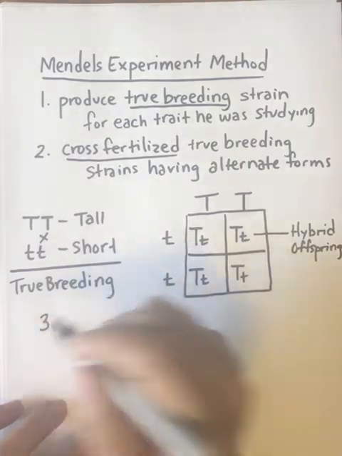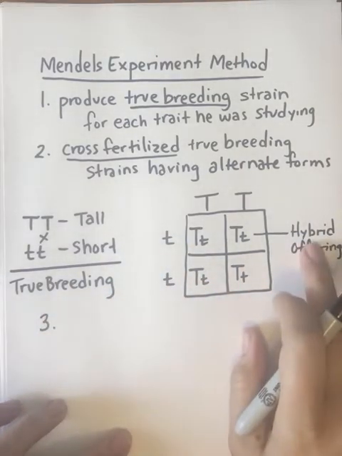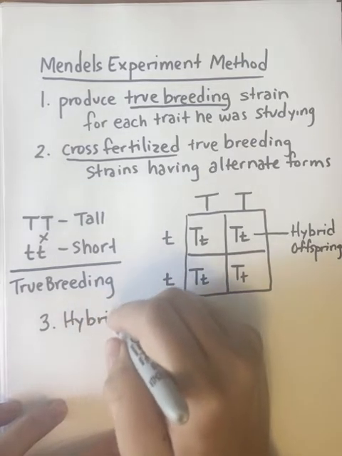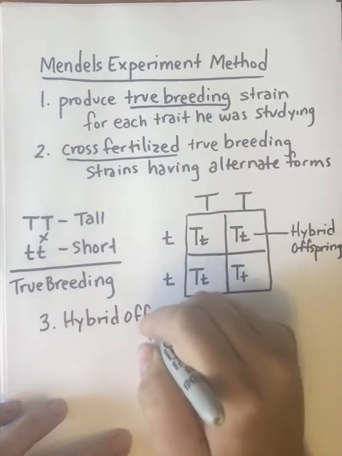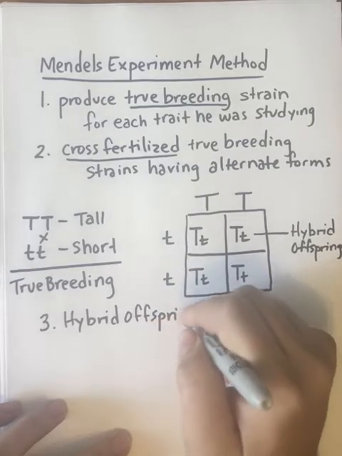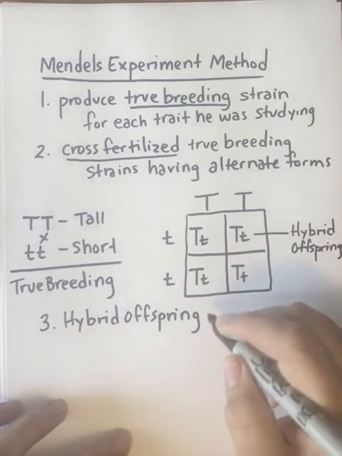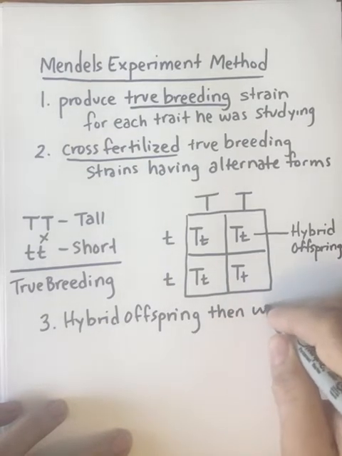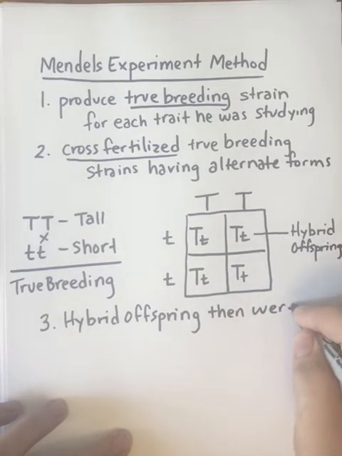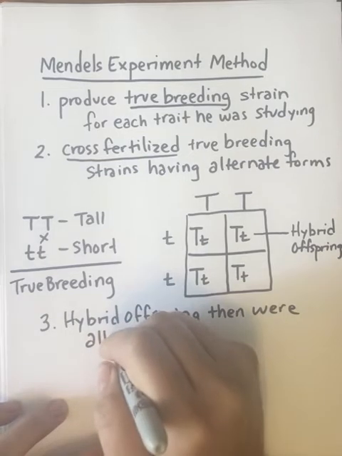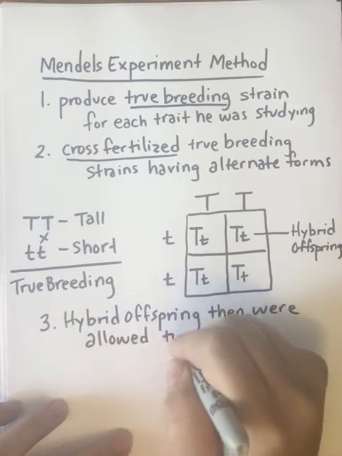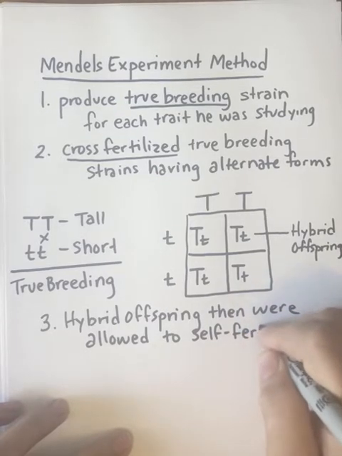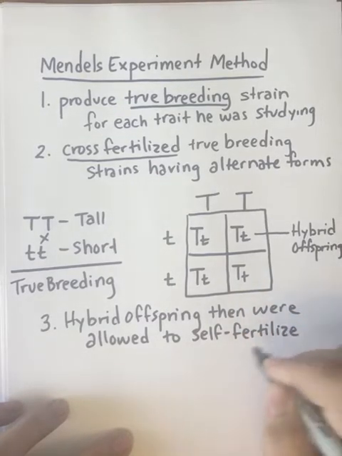So the third thing is he took the hybrid offspring. That's the babies created by true breeding. And he allowed them to self-fertilize. Now, self-fertilize is when you cross your own plant together.